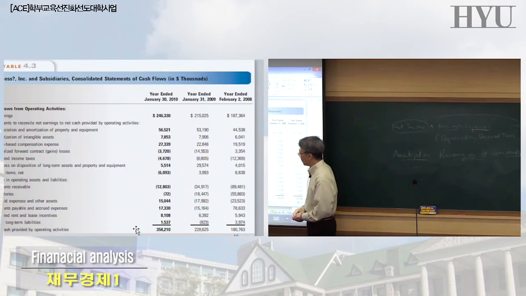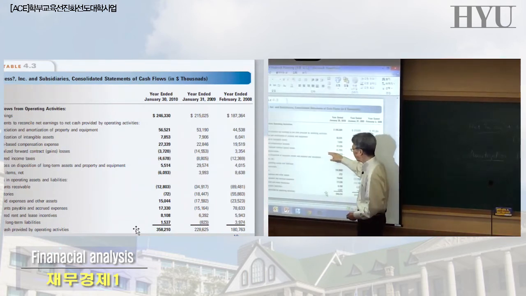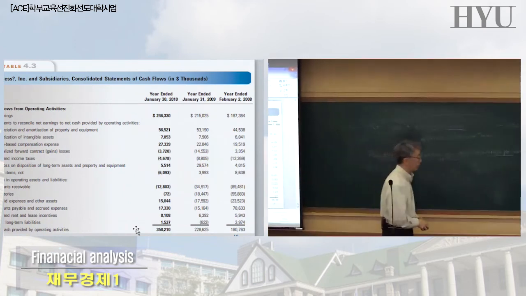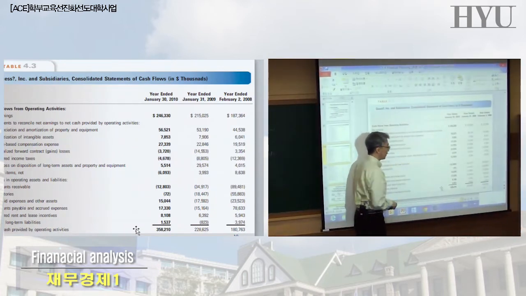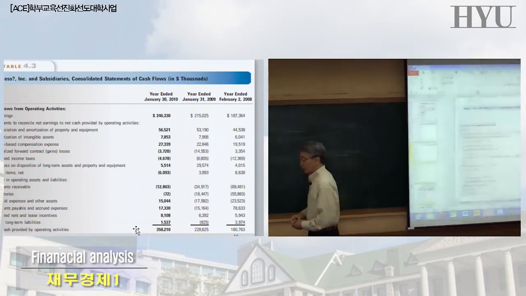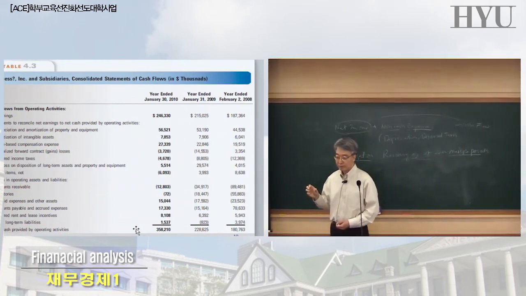Just another thing that I want to get your attention to is here, deferred income taxes. That is negative $4.678 million, right? Negative $4.68 million. Well, you know what it is. That's the amount of taxes that had been subtracted on the income statement to arrive at the net income, right? But you did not pay those taxes actually.